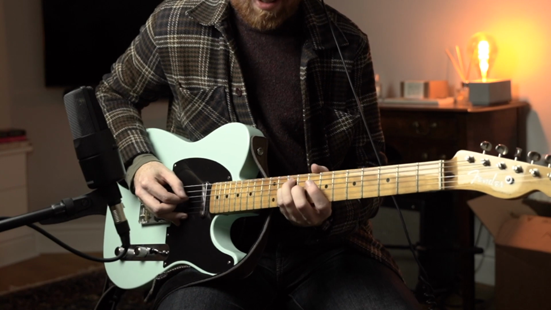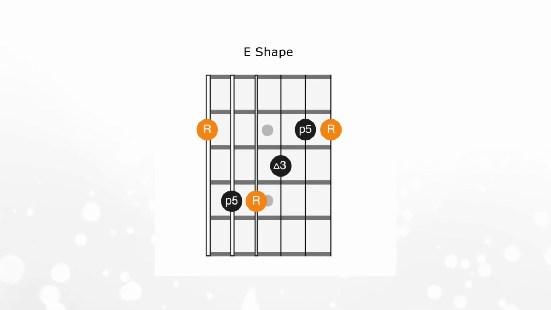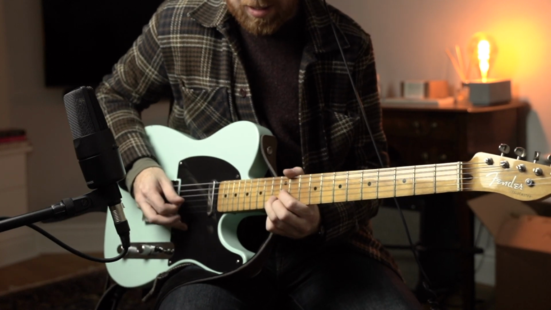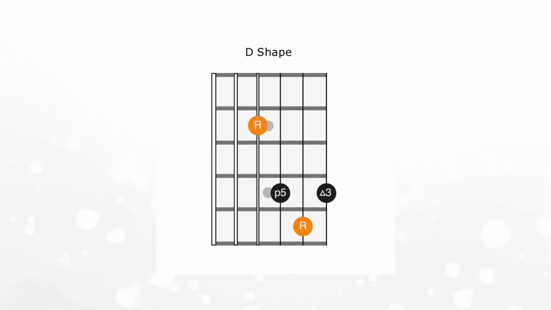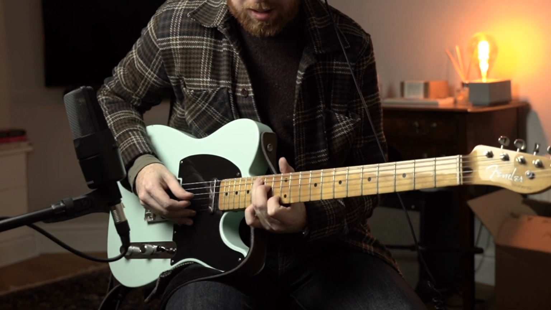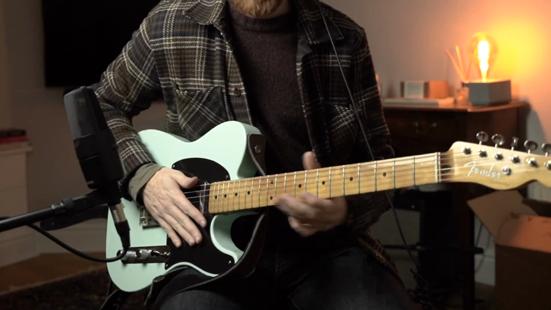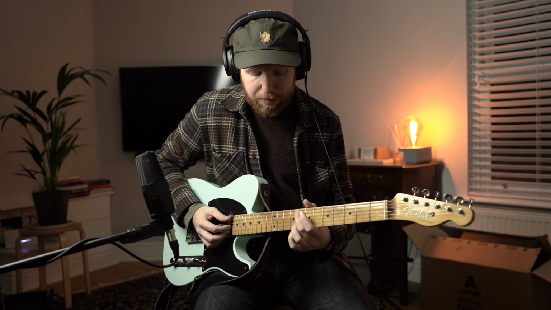Then we've got E, and then we've got D, and then back up the octave to C major. So whether you're playing C or an A shape, or a G shape, or an E shape, or a D shape, all of those chords are C major. And this works for every single major chord.